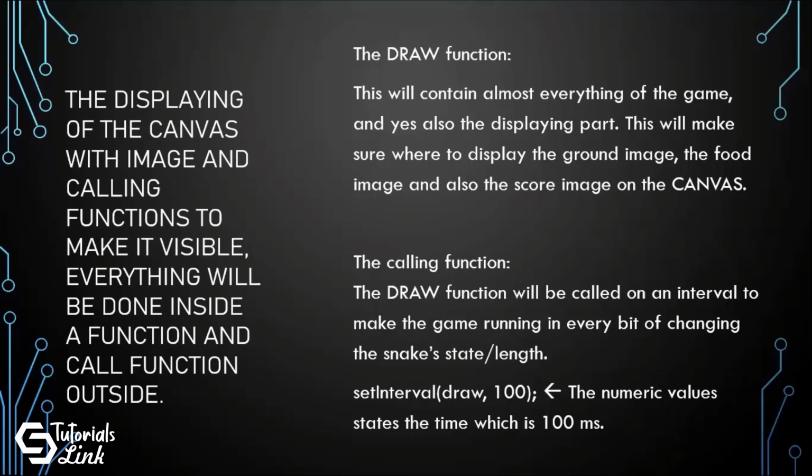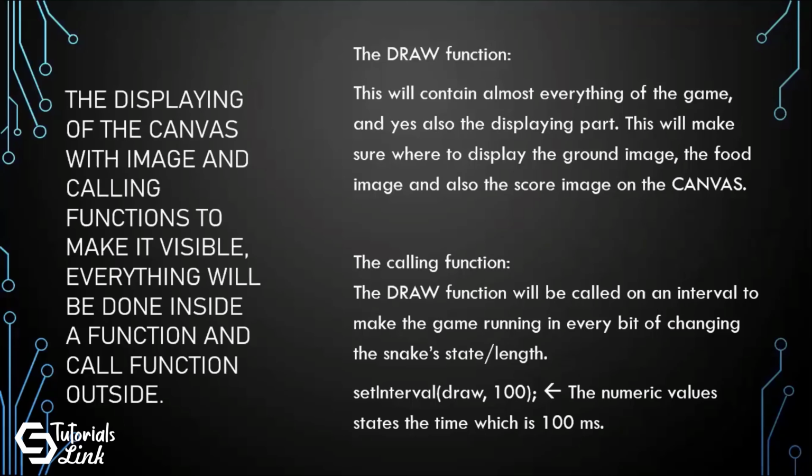So for that we will have a call function, where the draw function will be called on an interval to keep the game running with every change in the snake's state and length. So this call function will call the draw function every time there is a change in the snake's length or state.